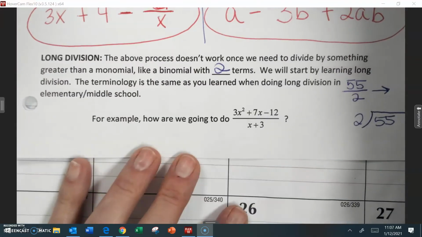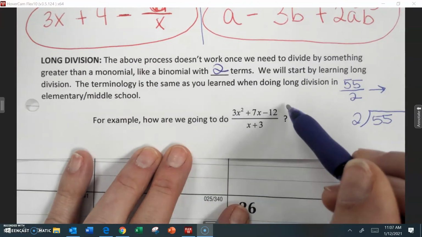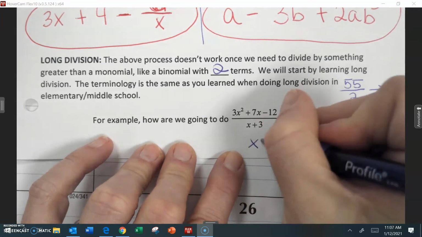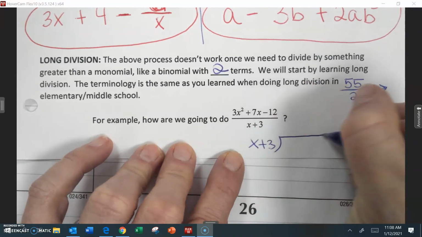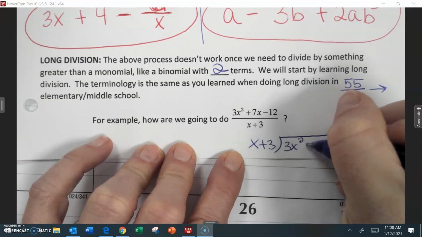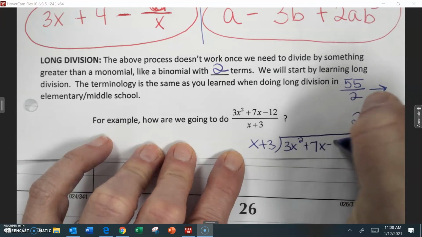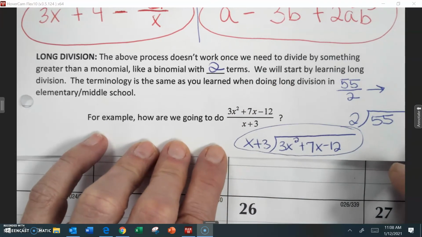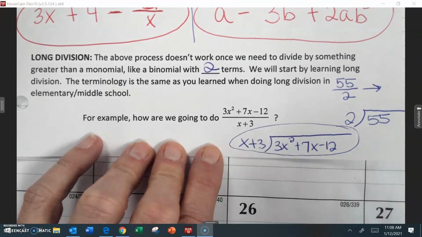So how are we going to do this problem right here? Well, we're going to set it up. You might want to write this down in your notes so you remember the terminology. That's not the answer, that's just the setup. That's called long division.